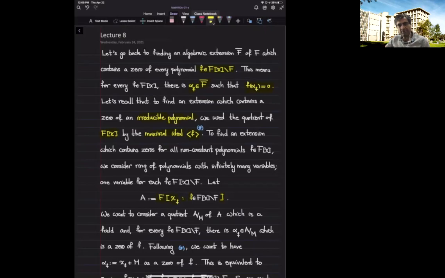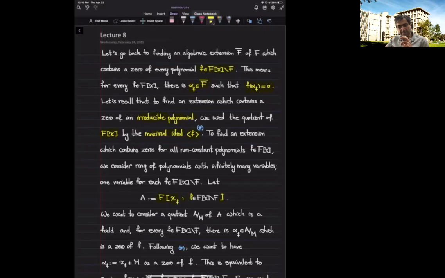So this is still a ring of polynomials with infinitely many variables, and what we are going to do is find a quotient of A that's going to be a field, and this field is going to contain zeros, at least one zero for every polynomial.